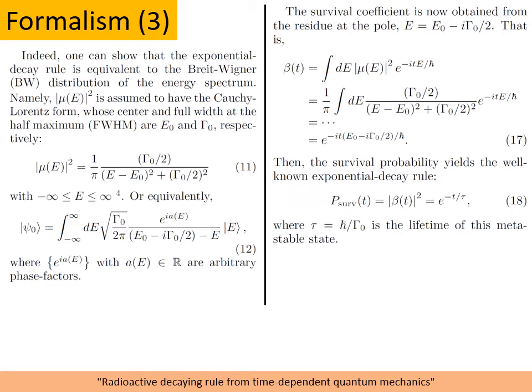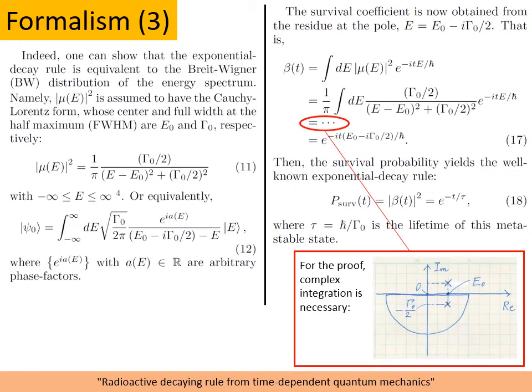And here, τ, that is ħ over Γ0, is the lifetime of this metastable state. To conclude this equation 17, you need to perform a complex variable integration along this contour. Actually, this is a good exercise after this lecture.